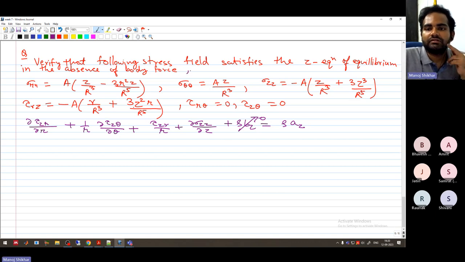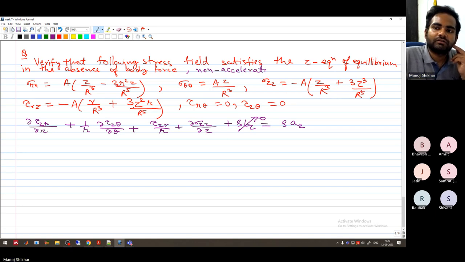Let us assume that the non-accelerating condition is given. This means that AZ is also 0.